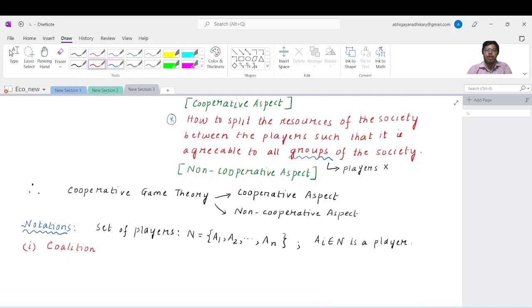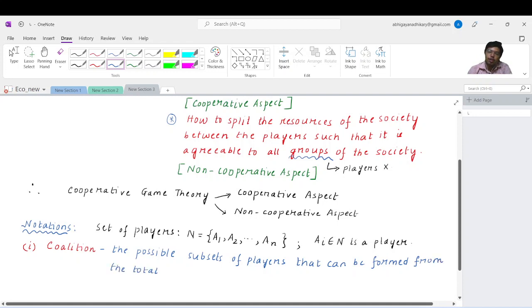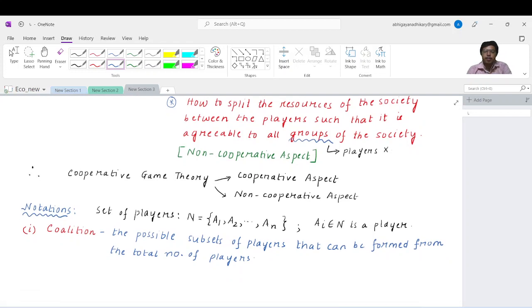Coalition can be understood as the possible subsets of players that can be formed from the total number of players. Now this might look a little bit difficult to understand, but it's not really that much.